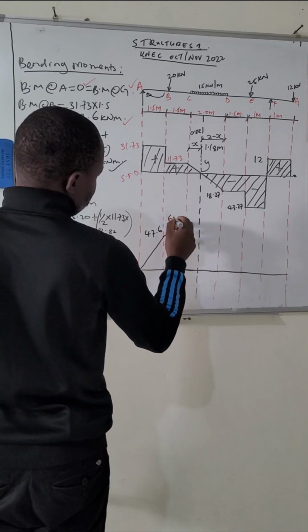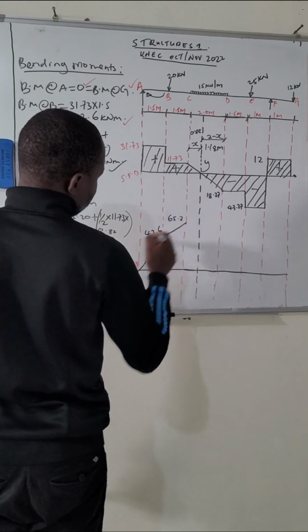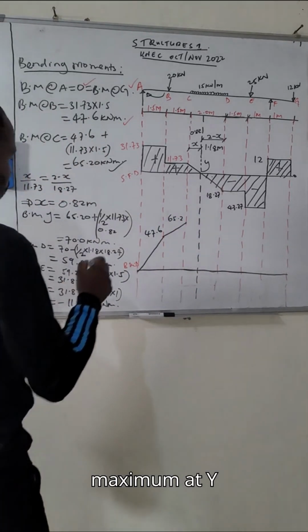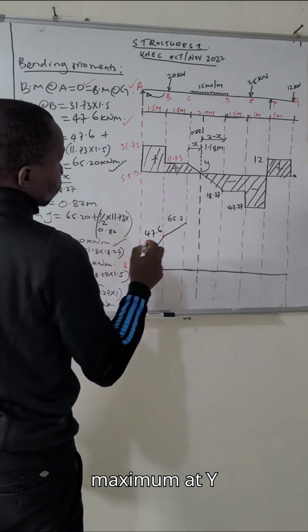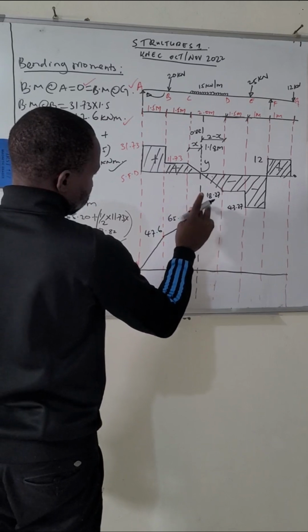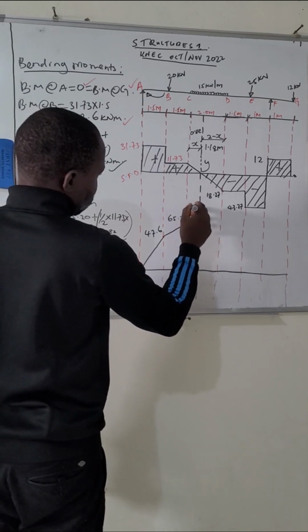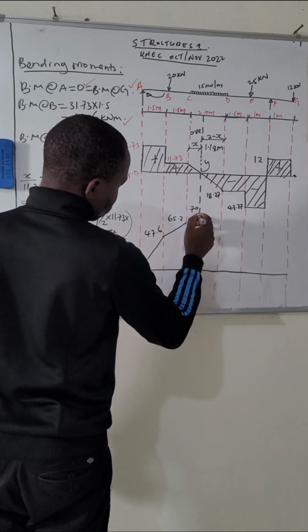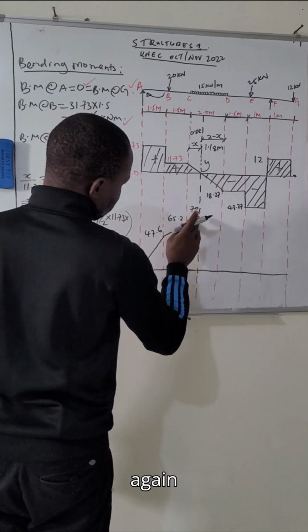And then at Y is 70, the maximum. So this one will be a smooth curve, opposite side here.